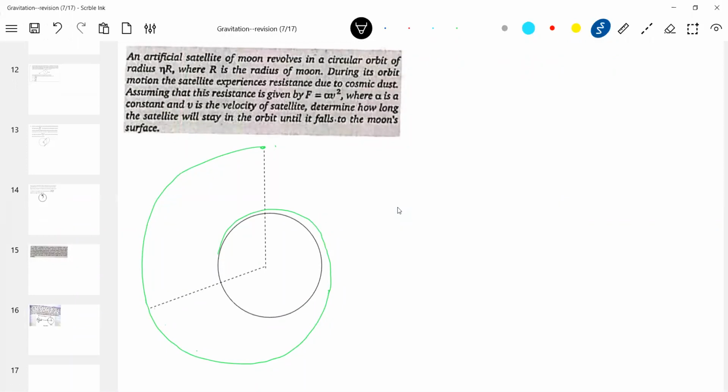What is the property of viscous drag? It should directly act opposite to velocity. So how will the velocity here be directed? First I'll get into the velocity vector.